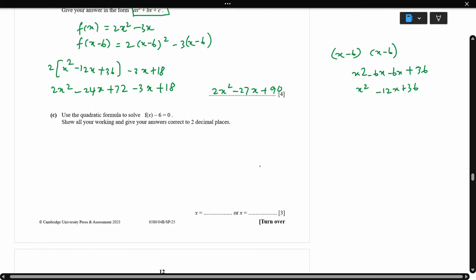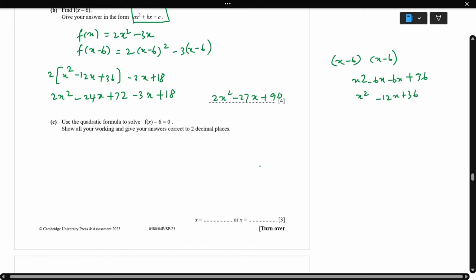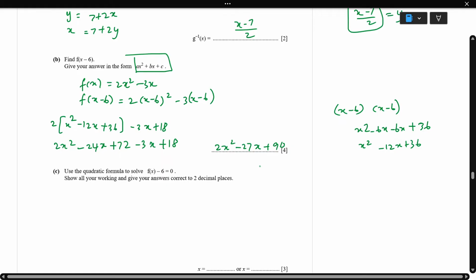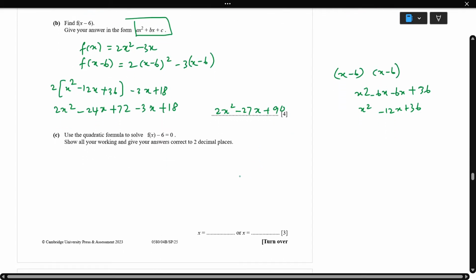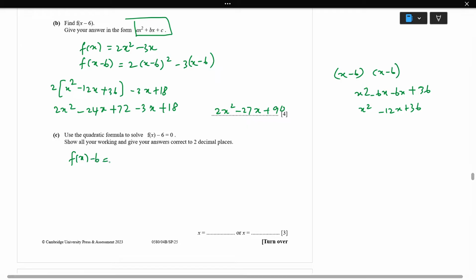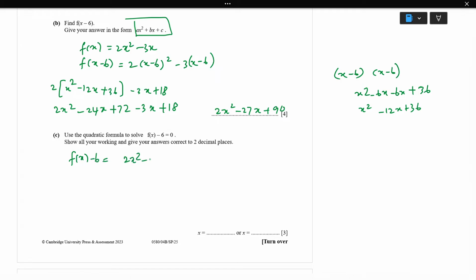Next question, use the quadratic formula to solve f of x minus 6 equals 0. So f of x is 2x square minus 3x, and I'll put minus 6. Equal to 0 is given, so 2x square minus 3x minus 6 equals 0.